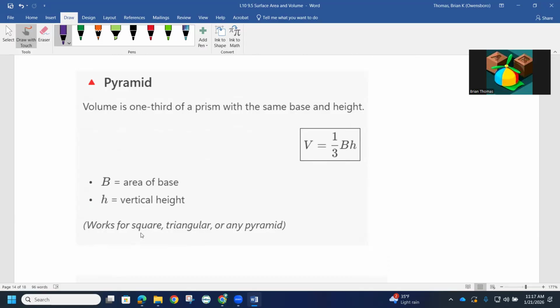A pyramid could have a square base or a triangular base, so it can vary based on the pyramid. But once we find the area of the base, using the vertical height is going to tell us what we've got going on there. But we have to take a third of that, because a pyramid only holds a third of what a rectangular prism would hold.